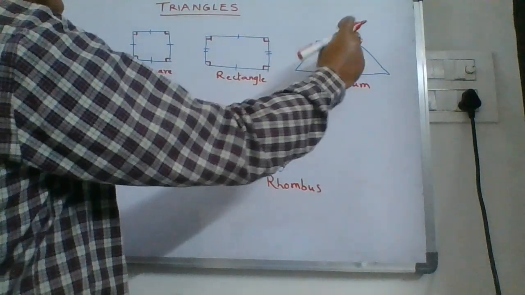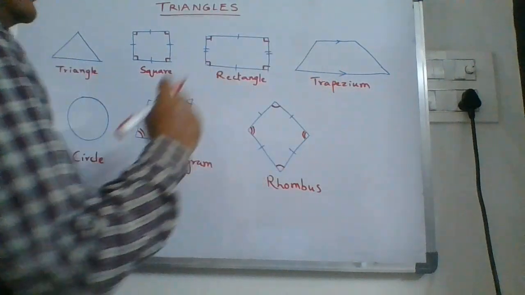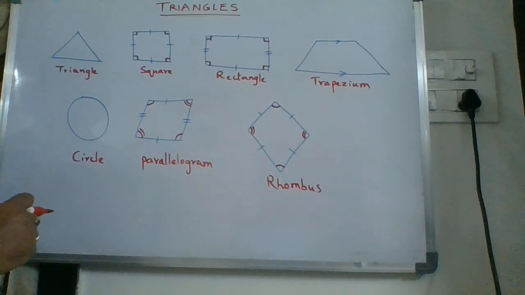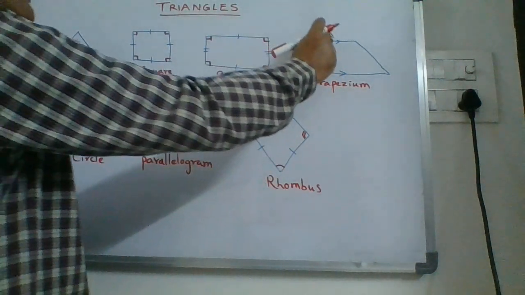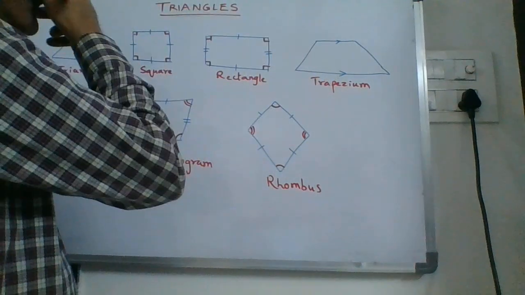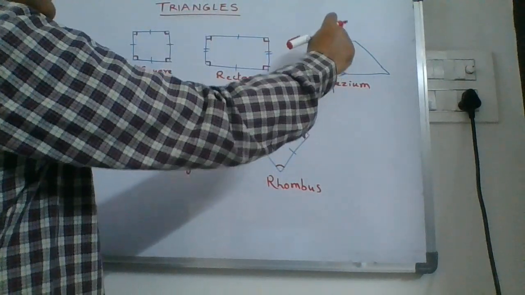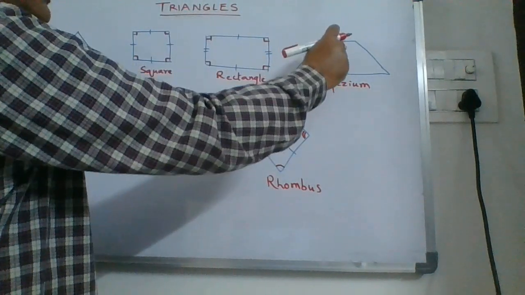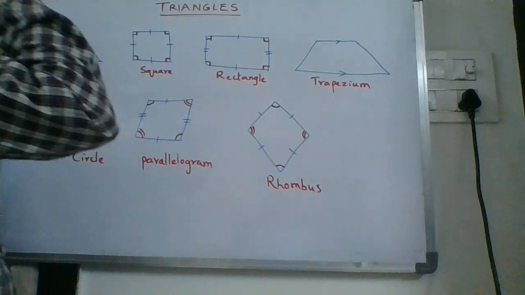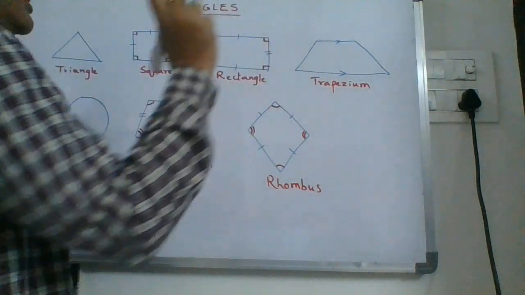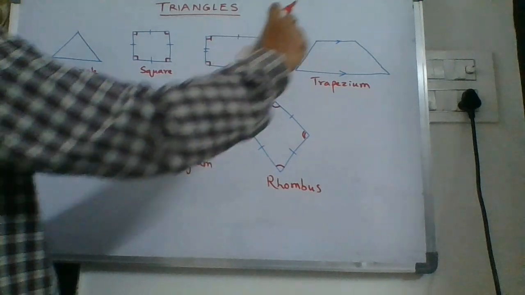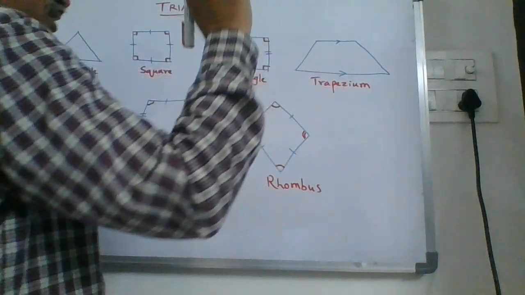This is trapezium. In a trapezium, one pair of sides is parallel. There are four sides, so if at least one pair of sides is parallel, then that figure is a trapezium. These two sides may not be equal.